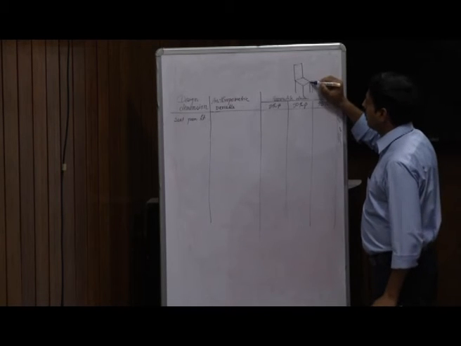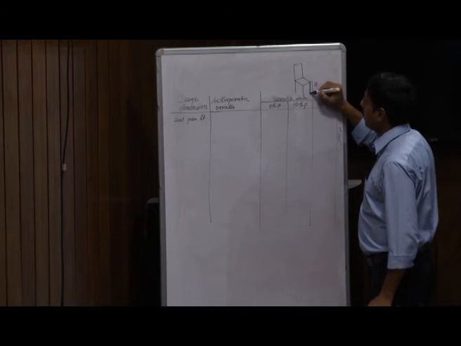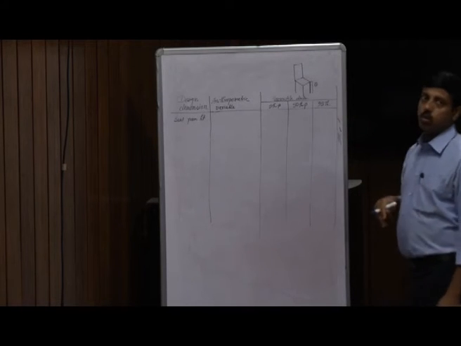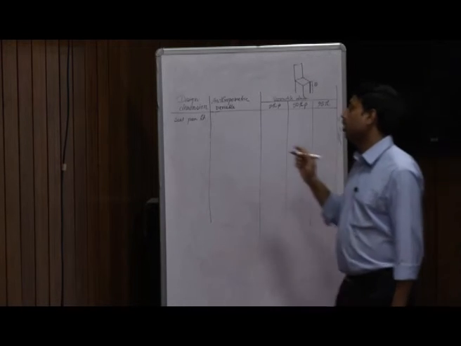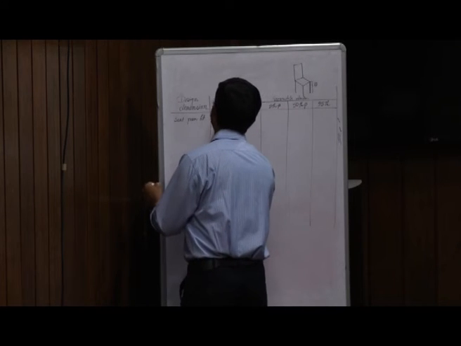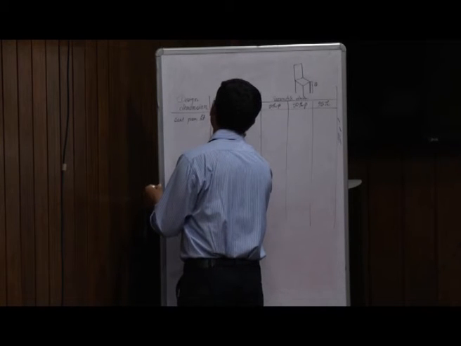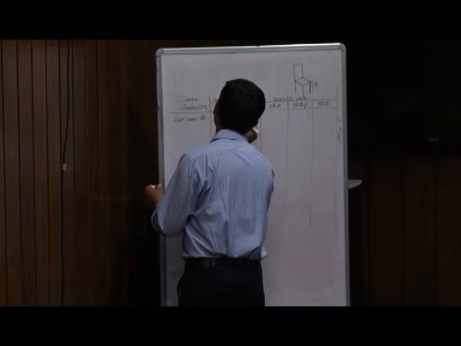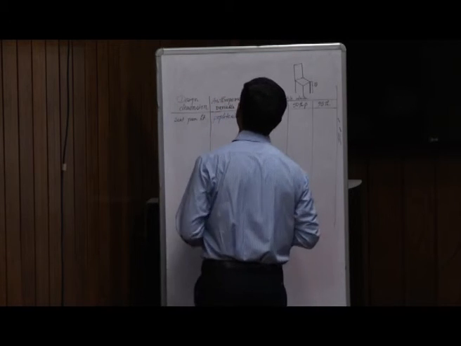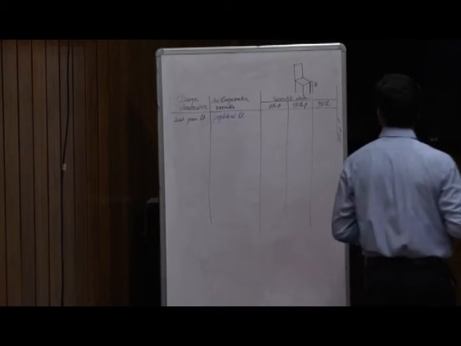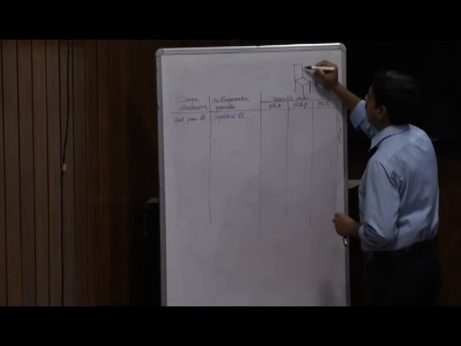If we want to design this seat pan height, what is the corresponding anthropometric variable? The corresponding anthropometric variable is popliteal height. Now, which percentile should we use?